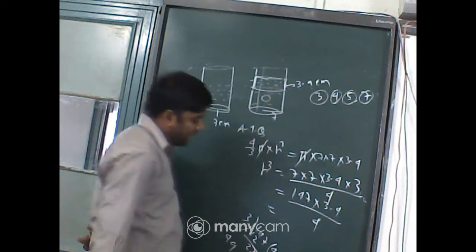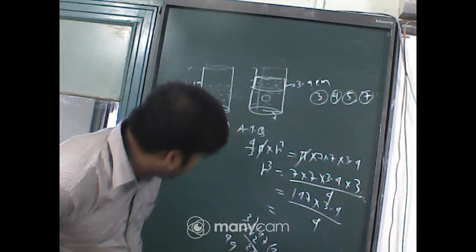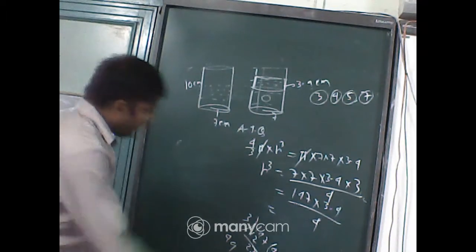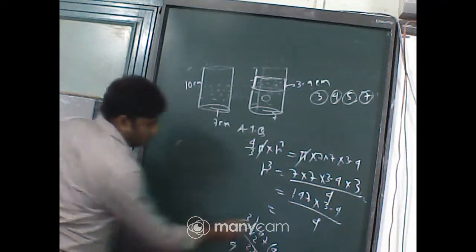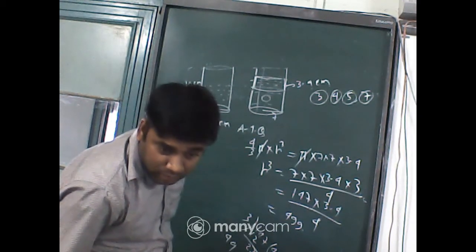So what have you got? That is 499.8. Okay, 499.8 by 4.